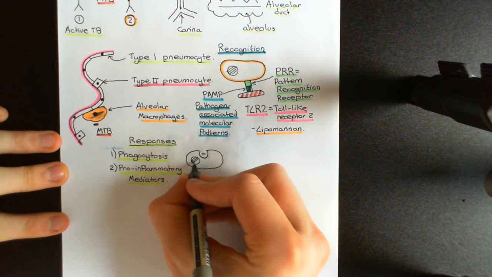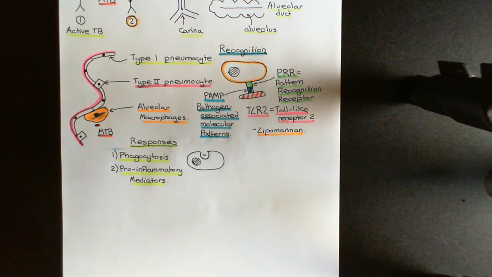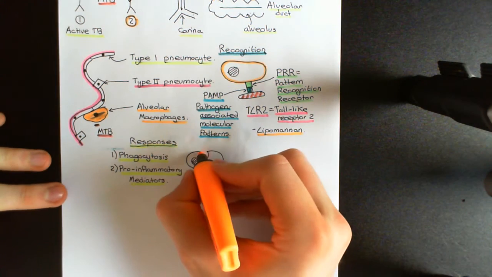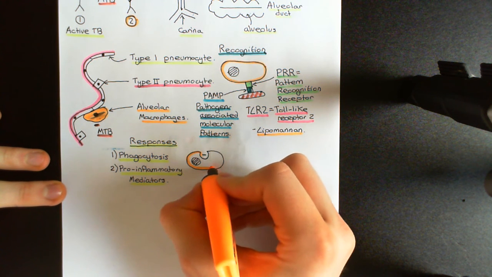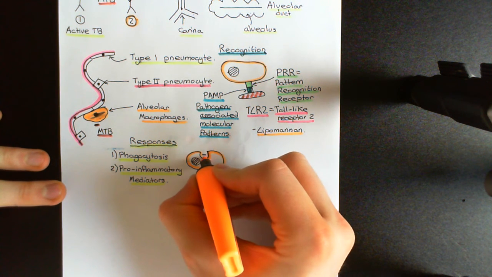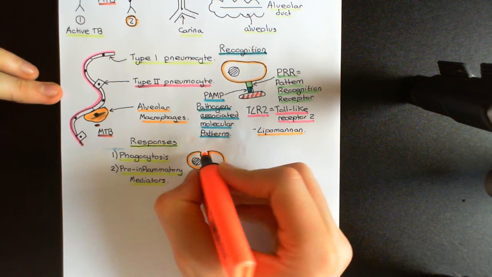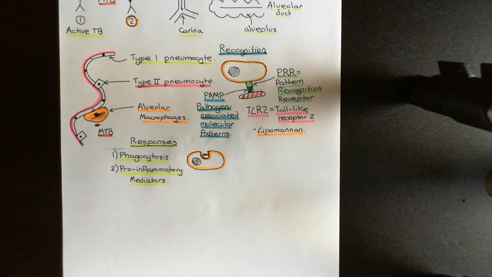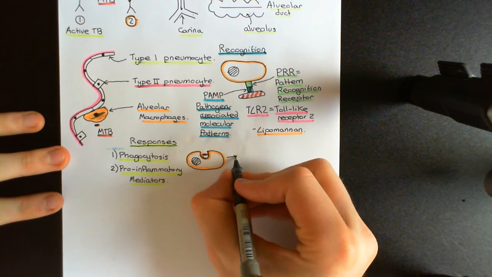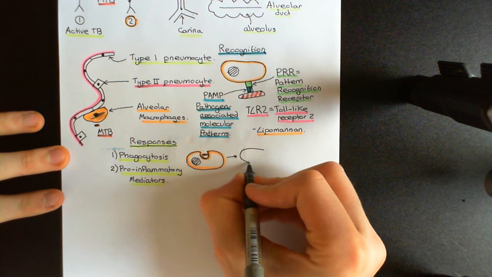So here's the nucleus of the macrophage again, and I'll just colour the outline of the macrophage in orange again, and also colour the Mycobacterium tuberculosis in red there. Okay, now of course what this will progress to is that invagination, that forming vacuole that we've got there, will be pinched off, and then you'll actually have the Mycobacterium tuberculosis enclosed in a vacuole completely. So this will progress to this picture next.